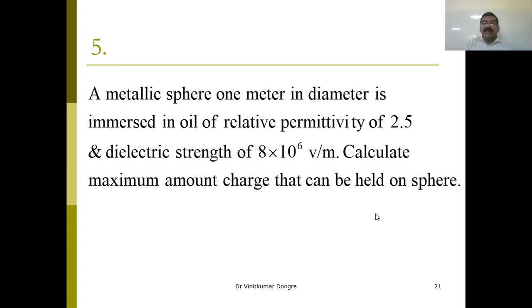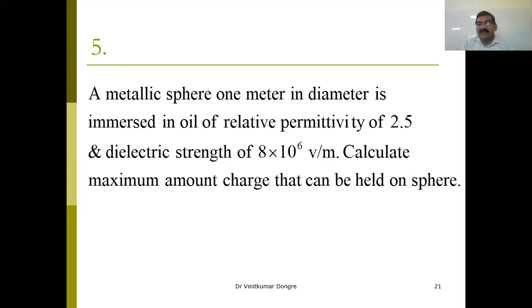The relative permittivity of the oil is given as 2.5. Okay, so that is epsilon R, and dielectric strength of 8 into 10 to the power 6 volt per meter.